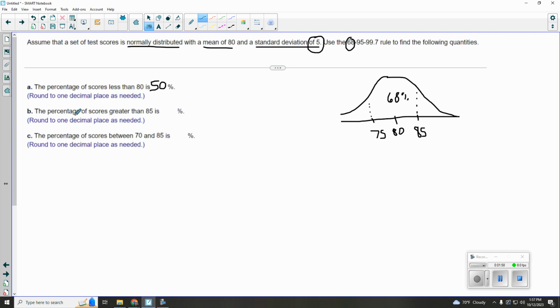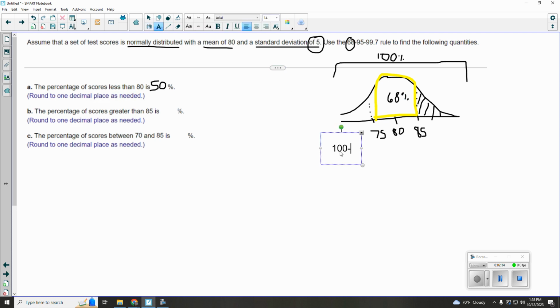And then the percentage of scores greater than 85, which would be the percent that is in this area, is what percent? Well, if we know that this piece is 68, and we know that 100% is under the curve, then we know 100 minus 68 is equal to 32.